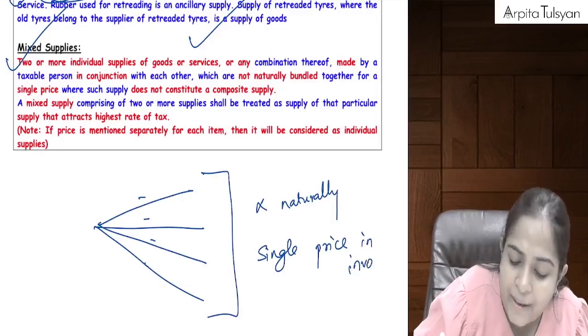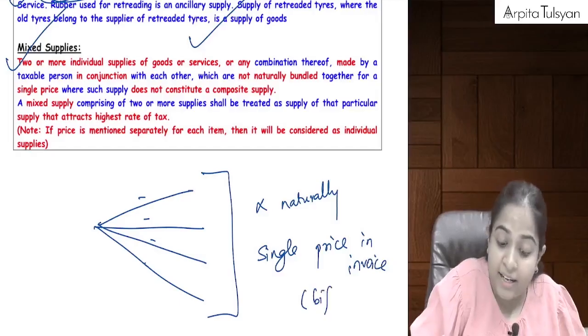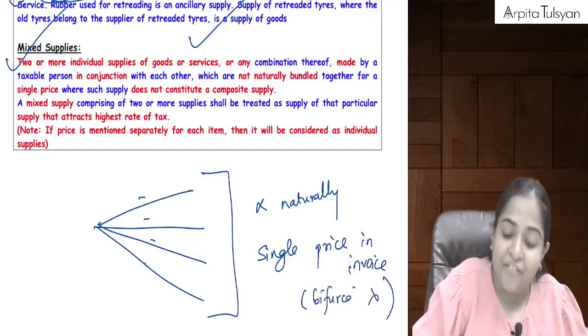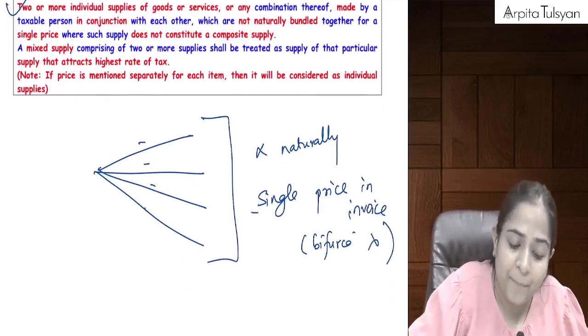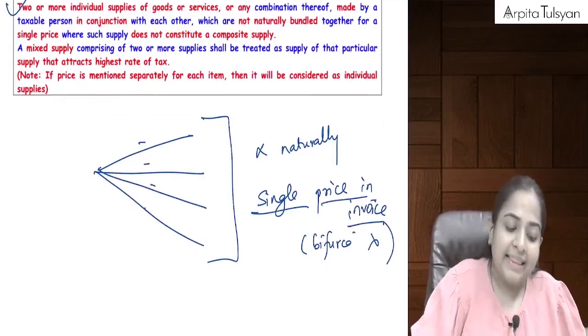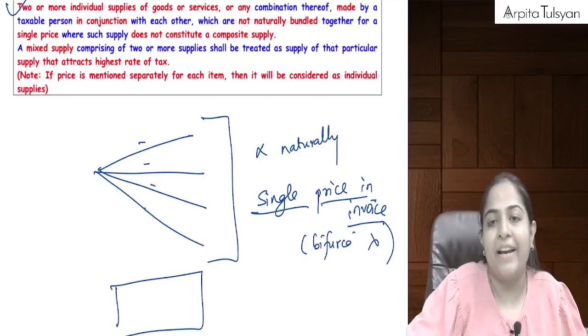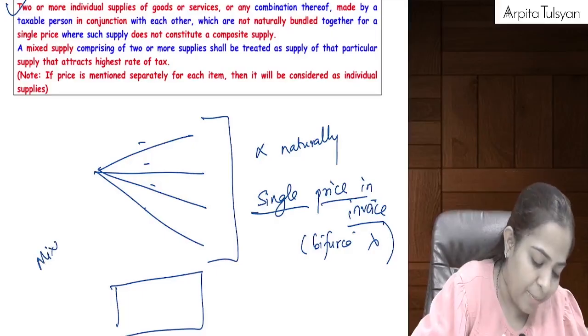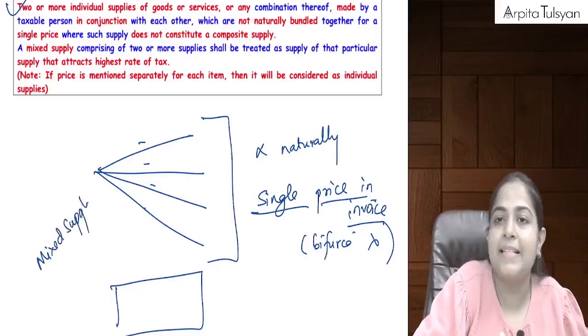A single price means bifurcation is not written in the invoice. When bifurcation is not available and a single price is charged in the invoice, then that supply will be considered as a mixed supply.